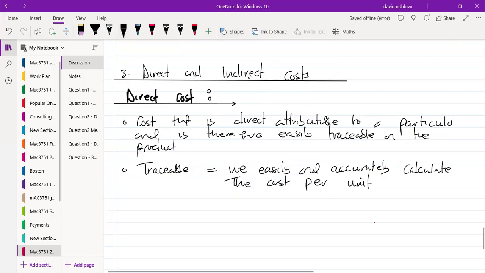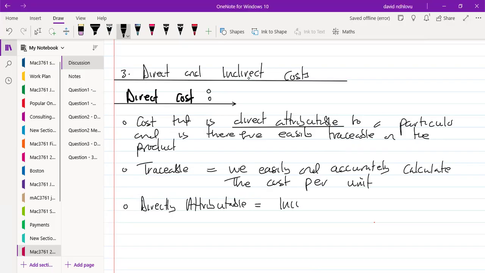When we say it is directly attributable here, let me explain that. When we say directly attributable, we are simply saying it was incurred for only a particular product.